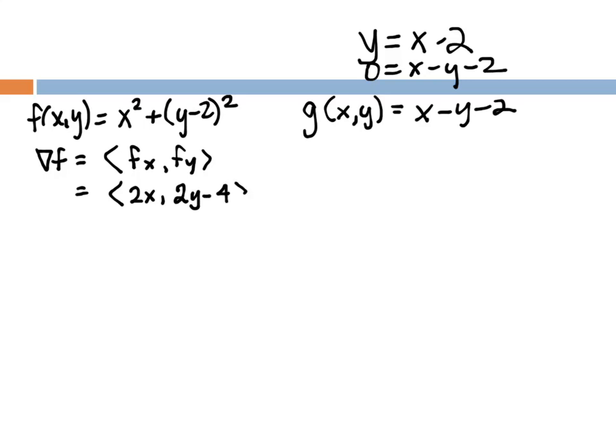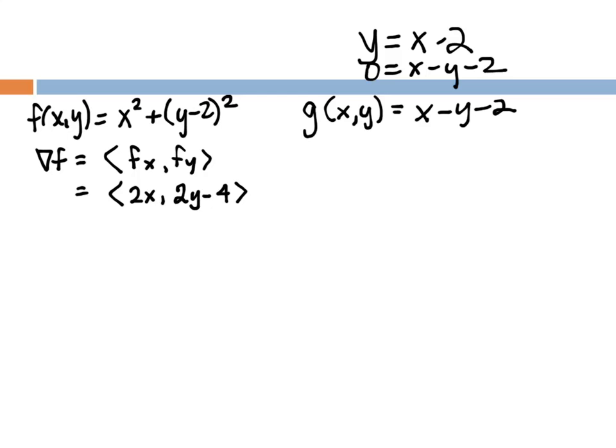It's 2y minus 4. Does that sound right? You can either distribute out that y minus 2 squared, or you can use the chain rule and bring your 2 down and then multiply by the y minus 2 inside to give you the y minus 4 when you distribute it, 2y minus 4.